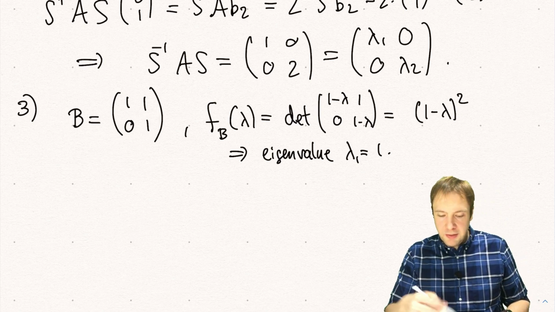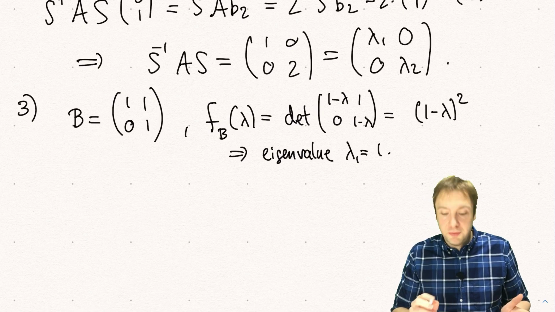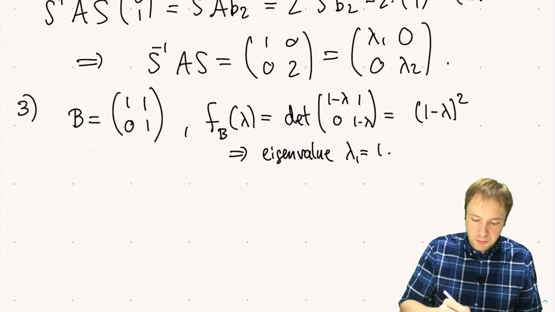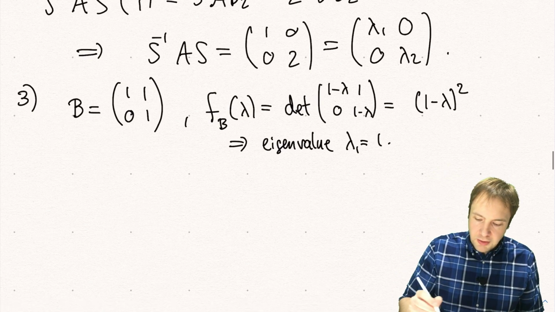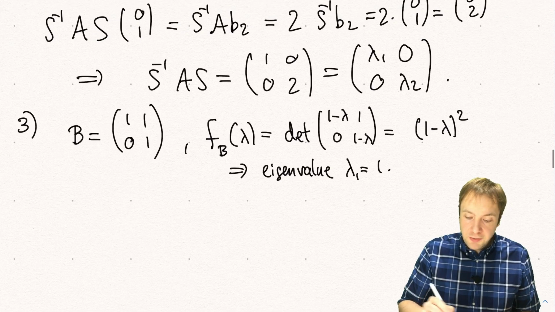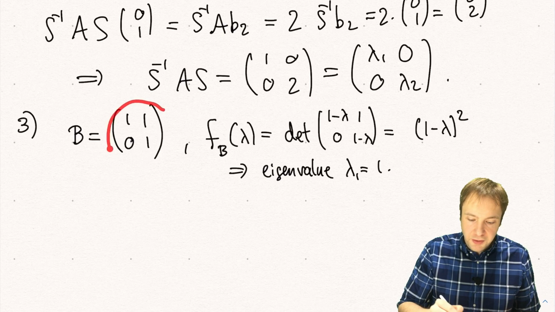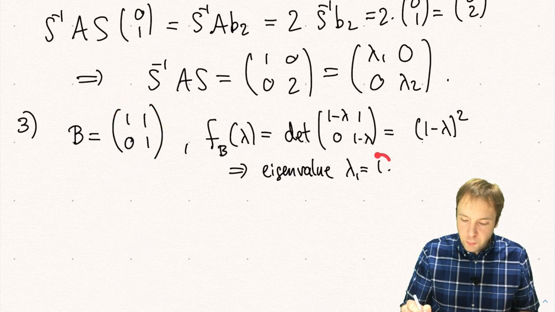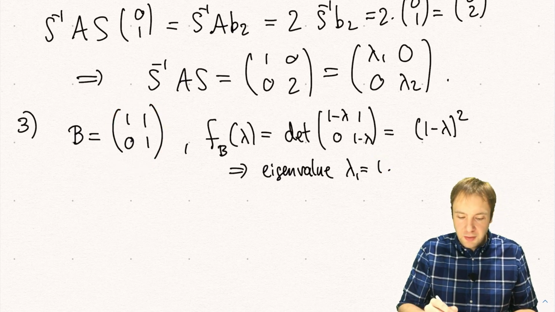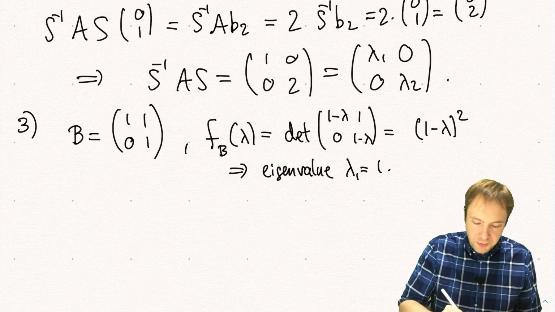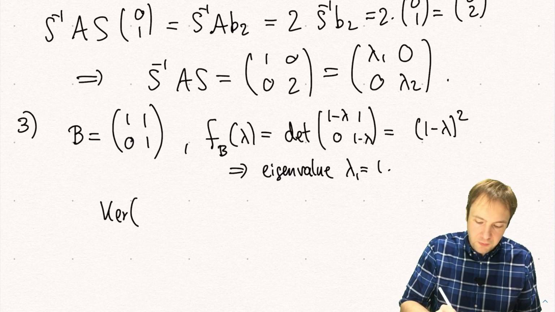And now I need to ask myself, what are the eigenvectors for this? I need to consider the eigenspace. In other words, I need to find all vectors such that if I subtract 1 on the diagonal, so in other words, what is the kernel of 1 minus 1, 1, 0, 1 minus 1.